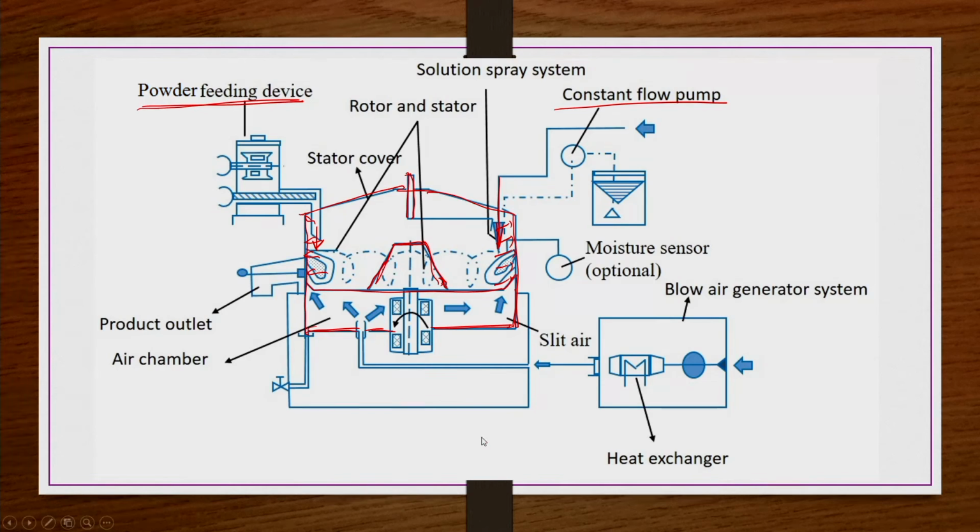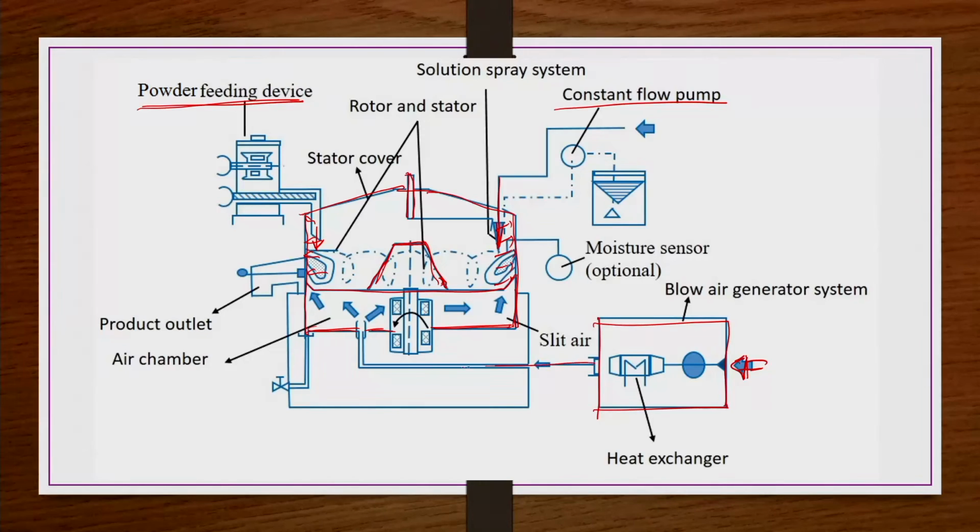So here we can also have an optional additional provision. The blow air generator system is shown here. It also has a heat exchanger: the air that you take from the compressors passes through the heat exchanger to get heated, because we are sending it to dry the granules, so it has to be heated up.